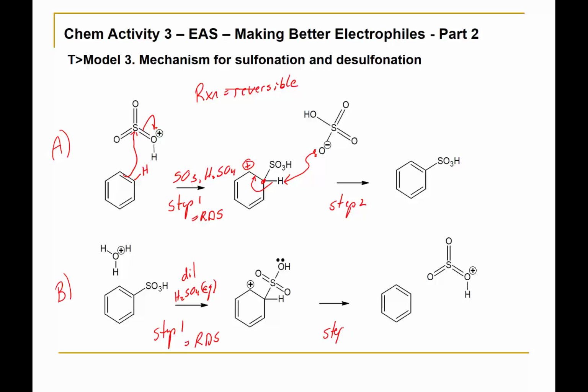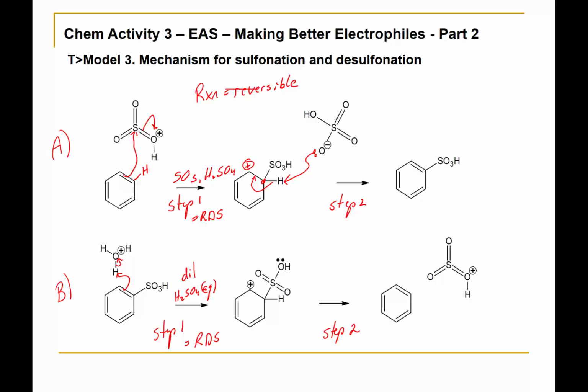Next, of course, the fast step would be step number 2: the grabbing of a proton, in this case from the hydronium ion, generating the sigma complex. And recall that this time, instead of replacing a proton with a group that you want to attach to the benzene ring, we want to replace the group that's on the benzene ring with a proton. So it's that sulfonyl group that will be lost.